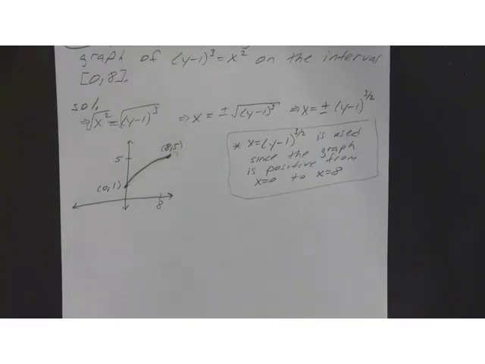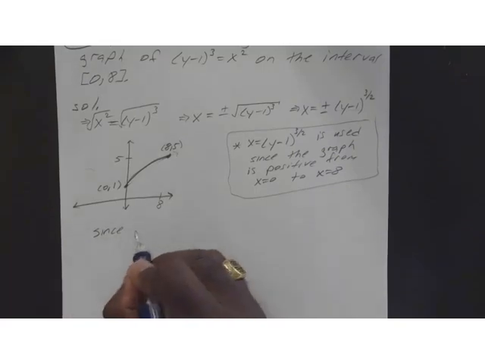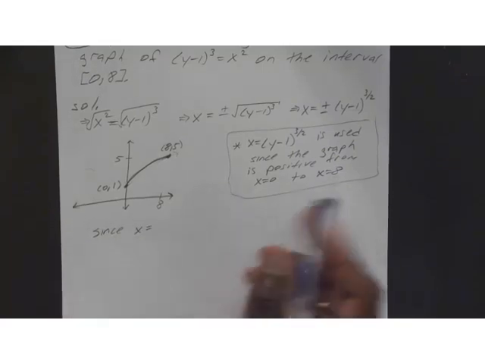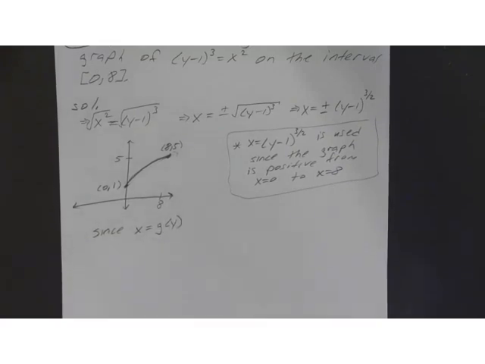We know here that, of course, y is equal to f of x. And that means x is equal to f of y, but to avoid confusion, I'll just say we always just use g of y.